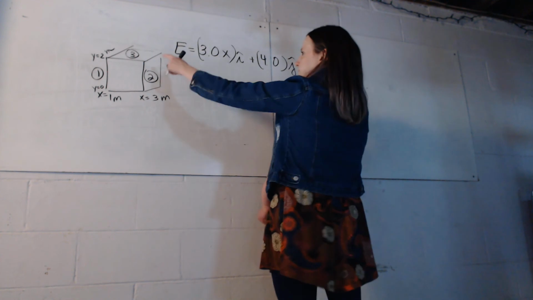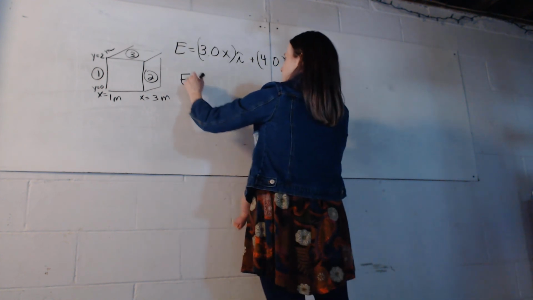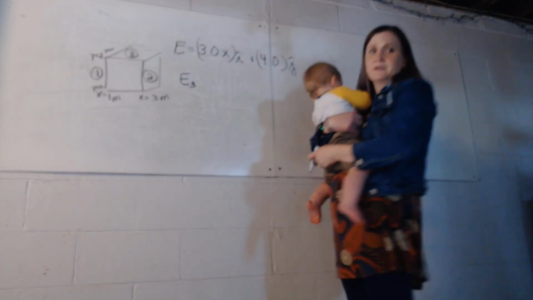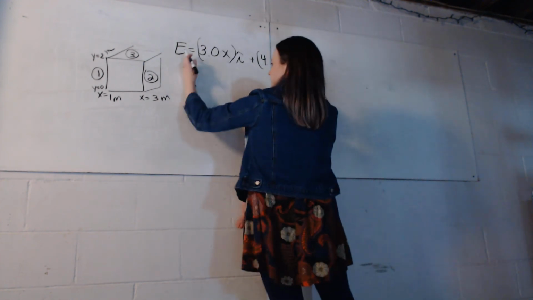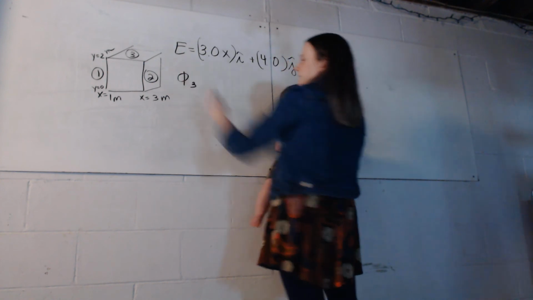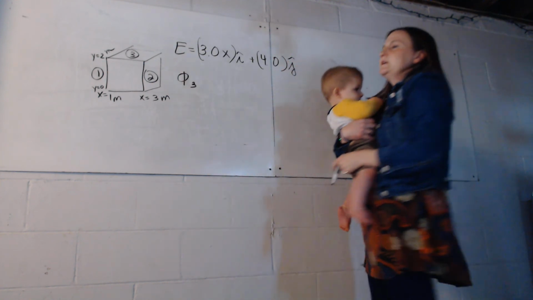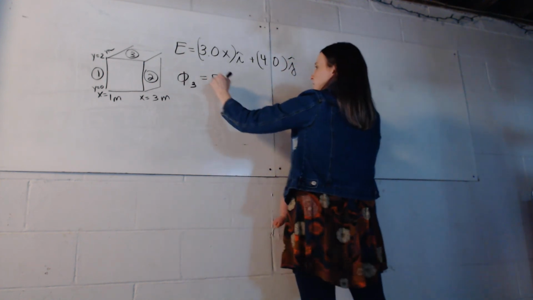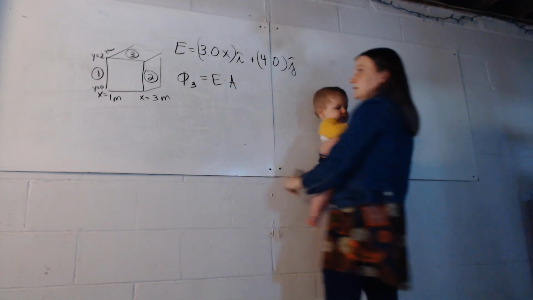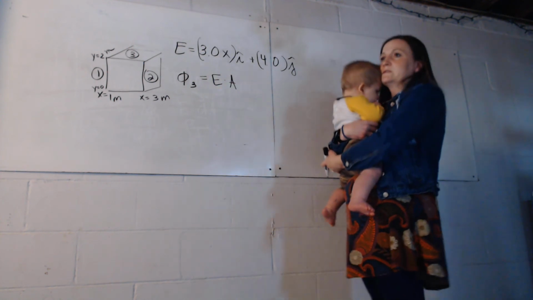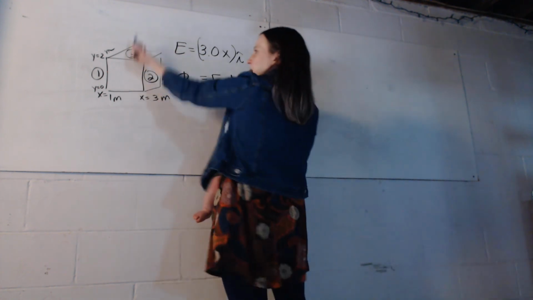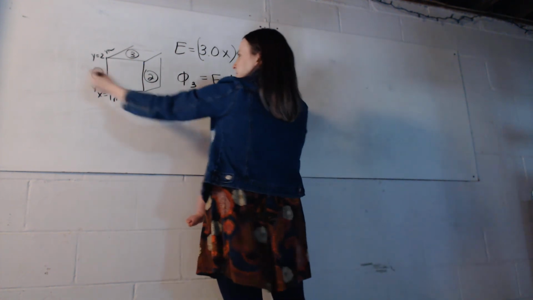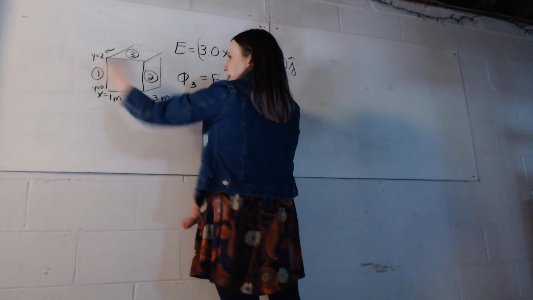So the electric flux through the top face is what I call Φ3, right? I'm sorry, I'm writing the wrong symbol. I'm not going to start over. There we go. Electric flux through 3 is equal to the electric field times the area that it pierces. Because this is in y, any field in x is running back and forth horizontally.